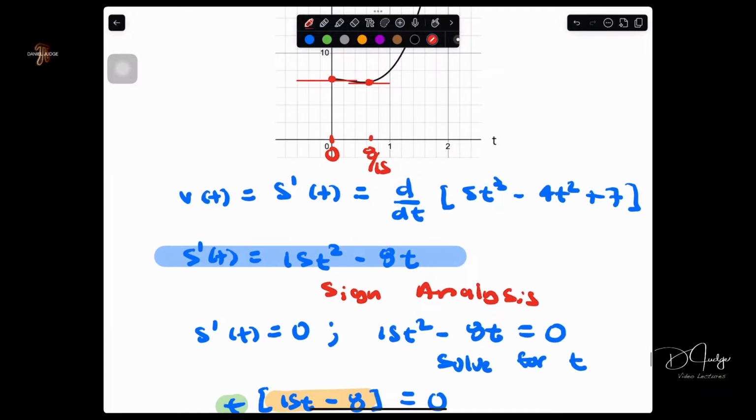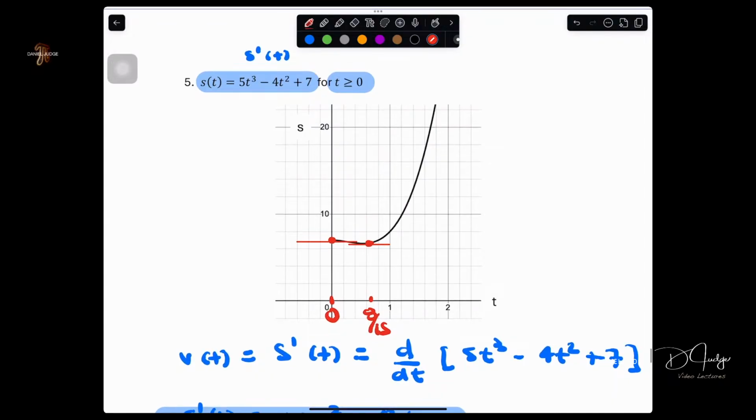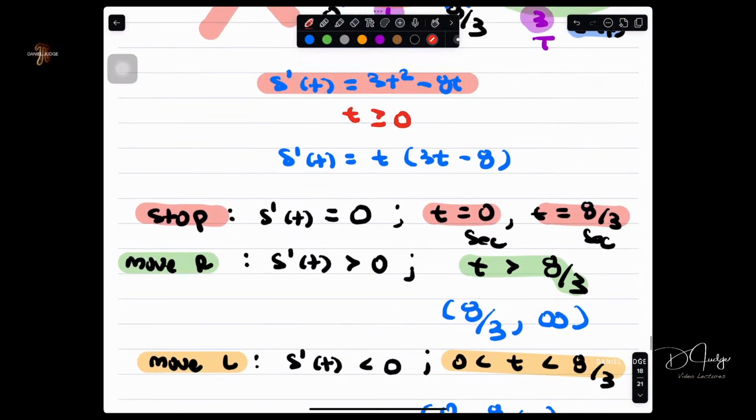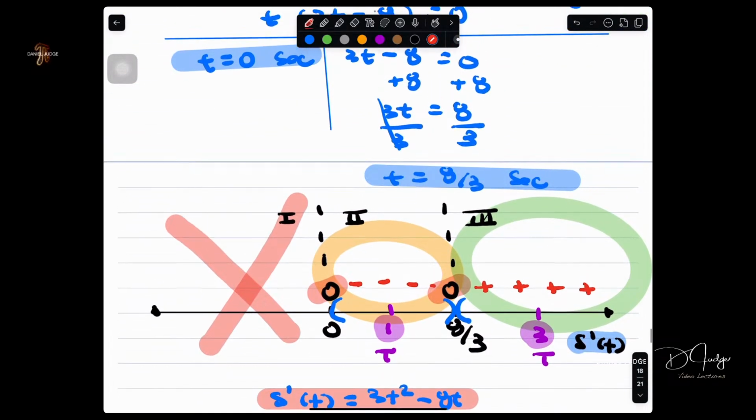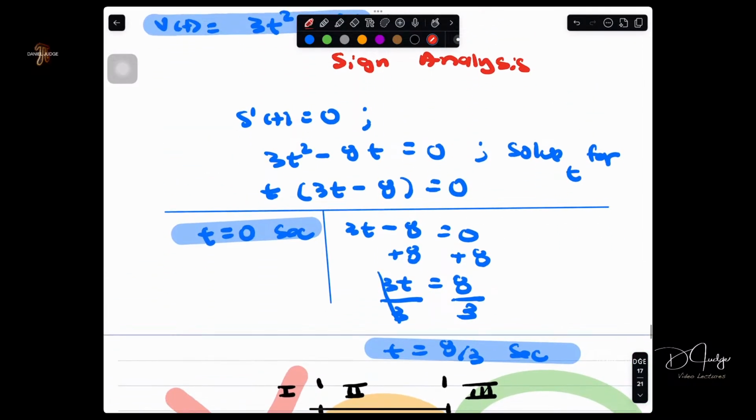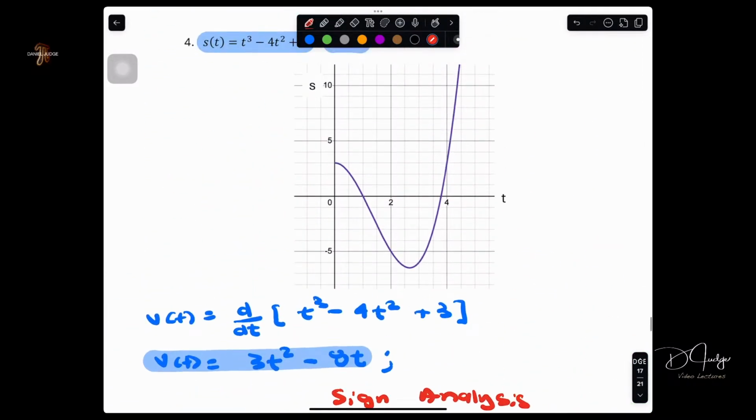So the derivative of the function, this is your s function, is 0 at those t values. Over here, this is s again, this is where t is 0, and it looks like over here is where 8/3 will be.